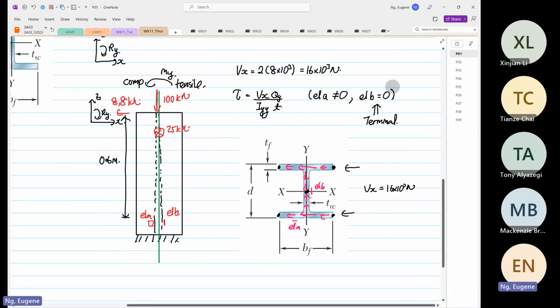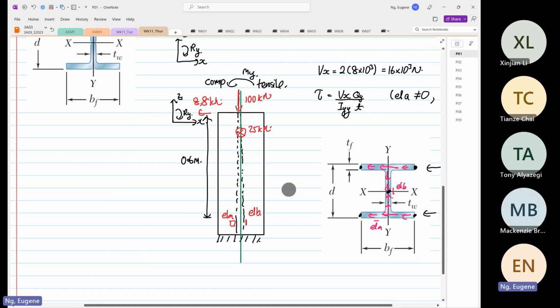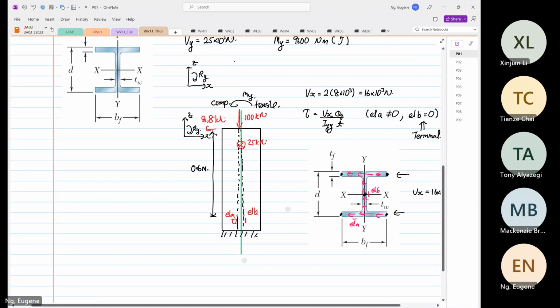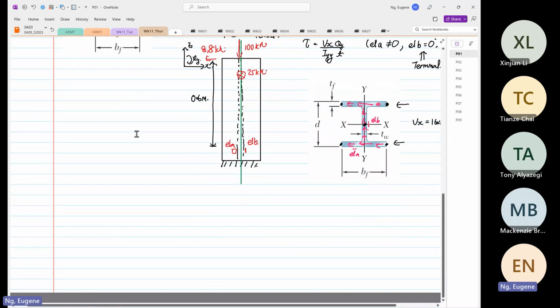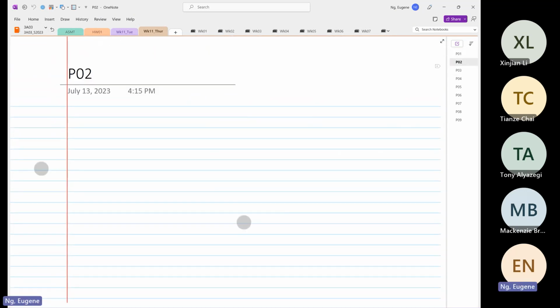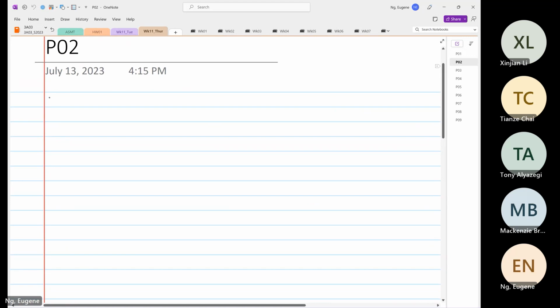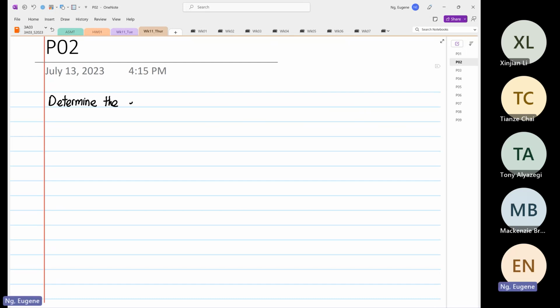So what we're going to do is use a new page. We are going to determine the stress state at element A first.